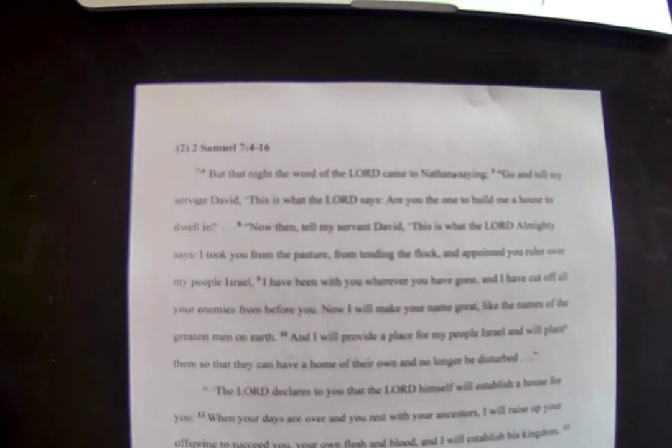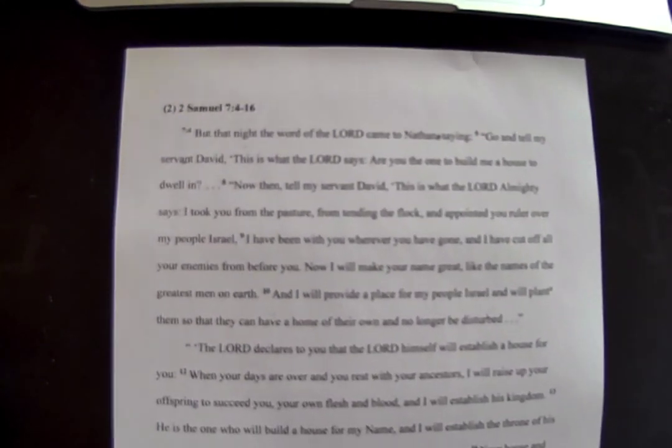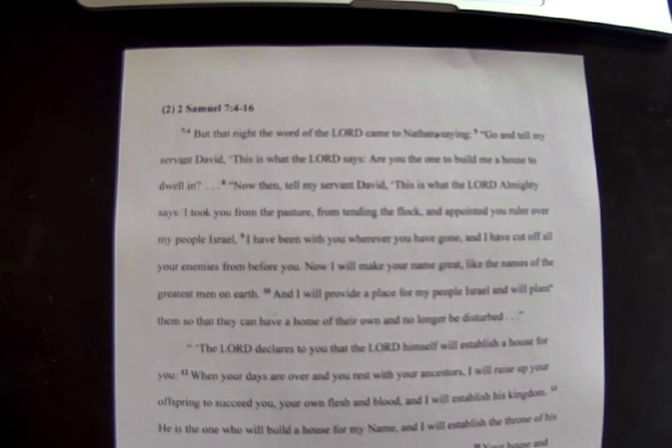So what our job is in doing Bible study is to get to the skeleton, to get to the basic part of the text. We want to be able to understand how this text was created.